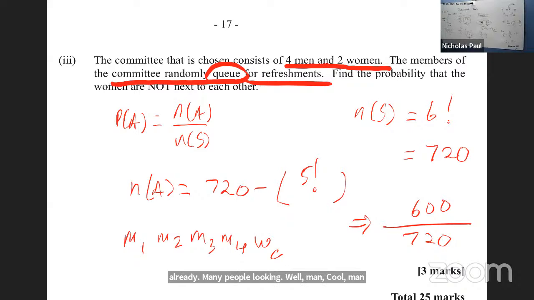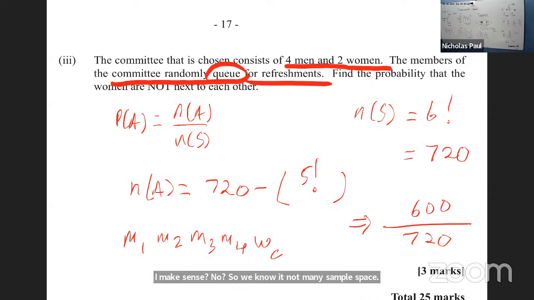The members of those could now form a queue. How can you arrange that? There are 6 different people. We're not bothering with 10 and 9 again, I made a mistake and chose them initially. So we have 6 people, and we can arrange those 6 people in 6 factorial ways. That makes sense? So we know the number in the sample space.